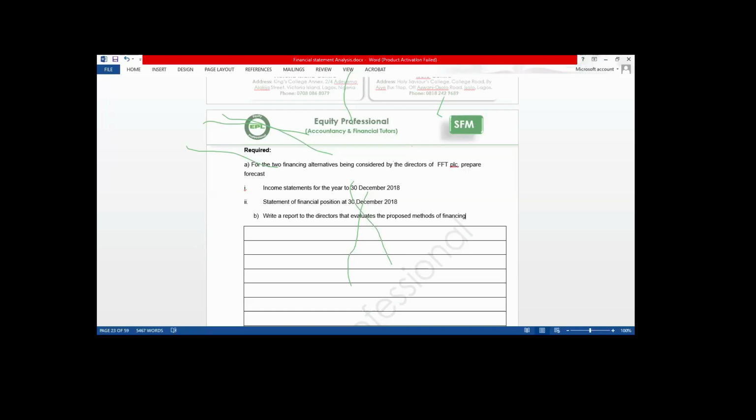Please note, if the examiner is testing financial statement prediction, what is being tested is your knowledge of accounting principles. There is no formula, nothing to cram. The only thing is the extent to which you understand accounting principles.